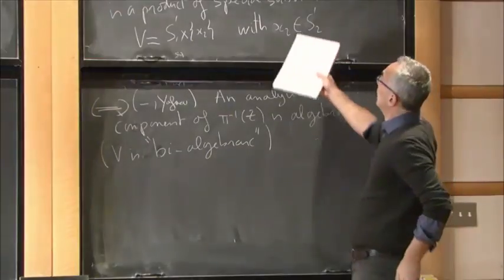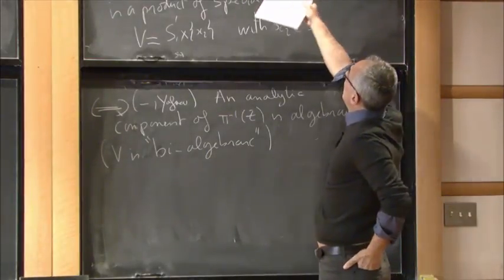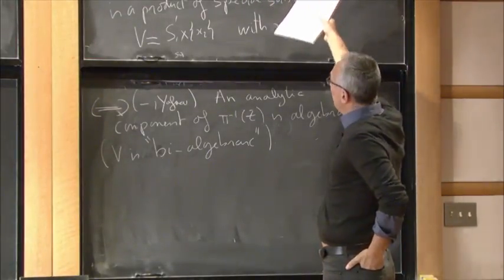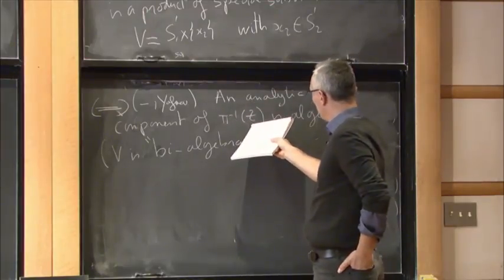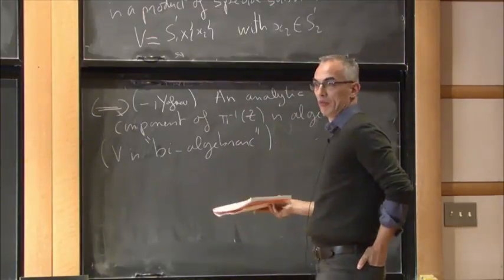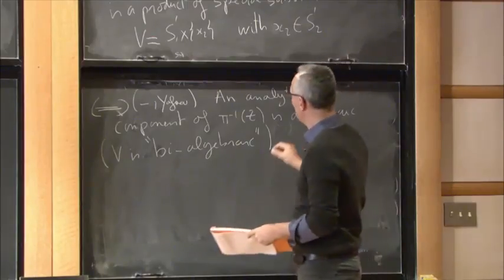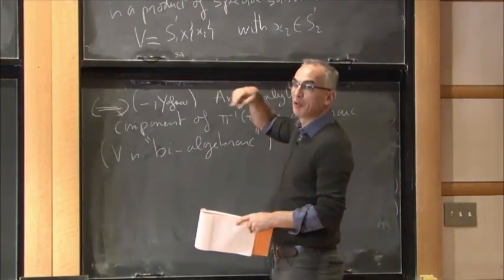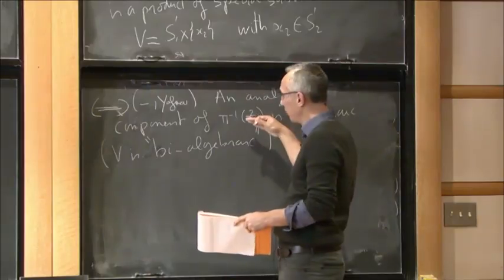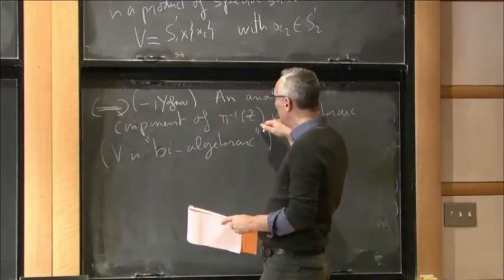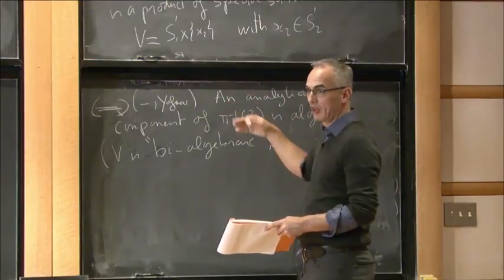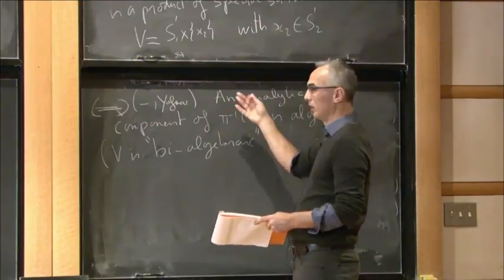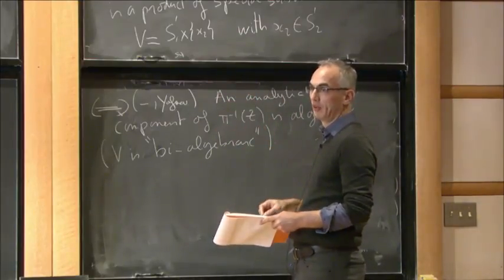And then V is weakly special if and only if an analytic component of pi inverse of Z is algebraic. So Z is already algebraic, and if you add the fact that a component of the inverse image is algebraic, then this is a weakly special subvariety.